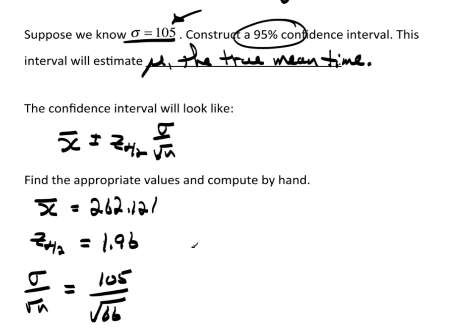So based on this, my 95% confidence interval should look like 262.121 plus or minus 1.96 times 105 divided by the square root of 66.